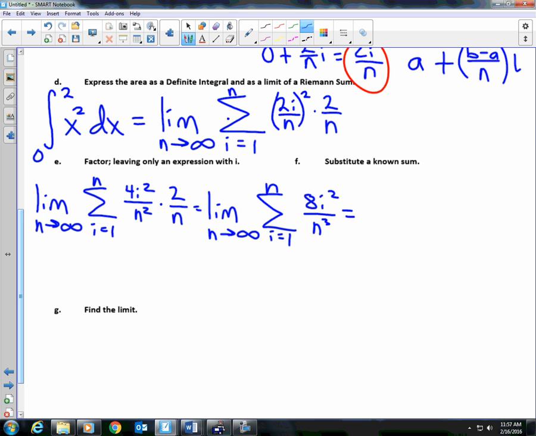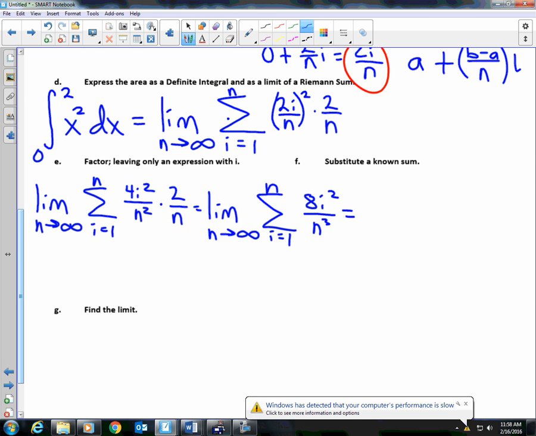Does it bother anybody else that I have two variables here? I have I and I have n. Which do you think is the variable we want to be left with? N, because we're going to allow it to go to infinity. I have to get rid of I. Oh, super great for me because I have it sitting right here. Look at this sum that we wrote down earlier that we got from our mathematical induction work.